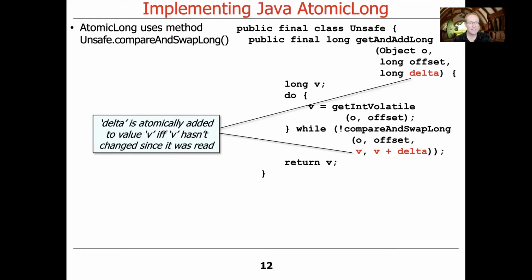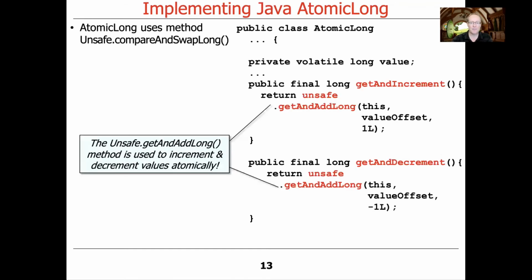It's going to attempt to update the value at that location to the value plus the delta if the value still has the value V. And so this is why it's atomic, because it only does that change when the value is what's expected. And if the value is not what's expected, then it won't make the change. It'll just keep spinning.